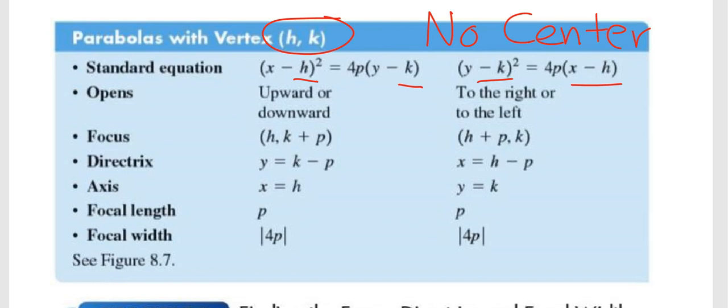Red line. Okay, now, try to stay with me. Now, this distance, when you look at this equation, you see this thing in here called 4p.